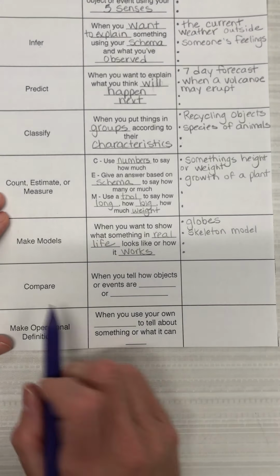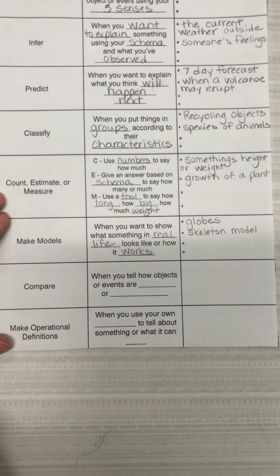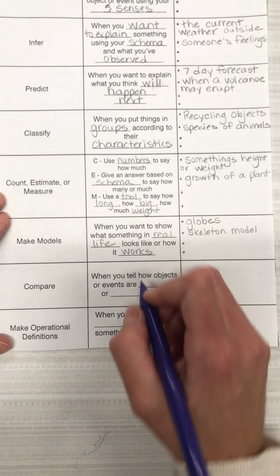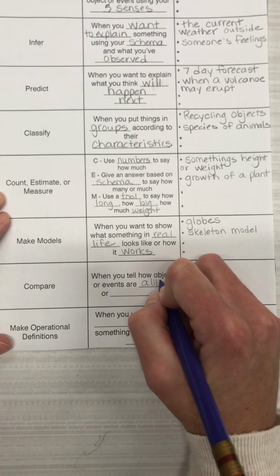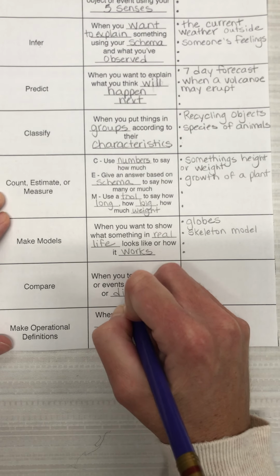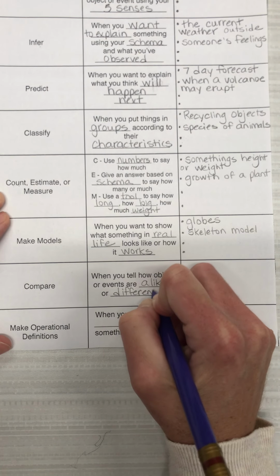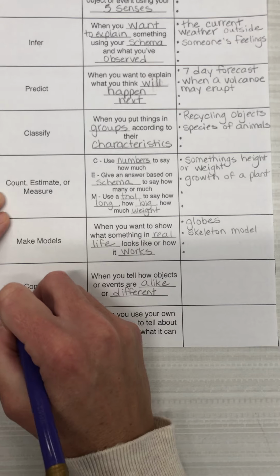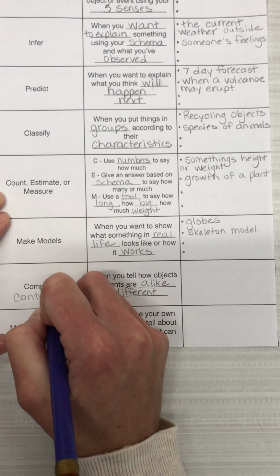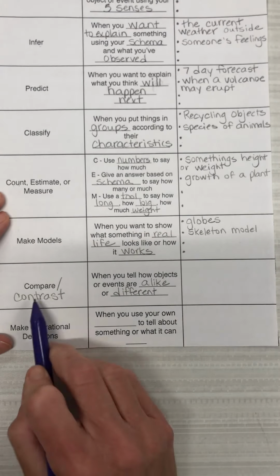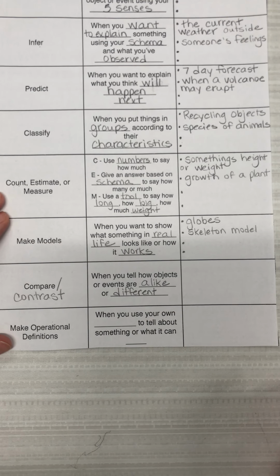How about comparing? When a scientist compares, that means we tell how objects or events are alike and different. If you want, you can add the word contrast here because they go together. Compare and contrast. Contrast means different, compare means alike.